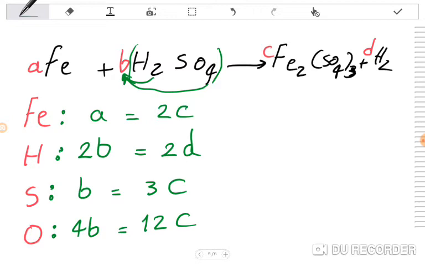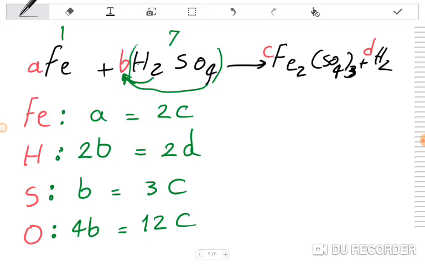We continue, and we suppose one of the coefficients must be 1. Which of them? Back to the equation. We have here 2 hydrogen, 1 sulfur, 4 oxygen, 7 atoms in this compound.